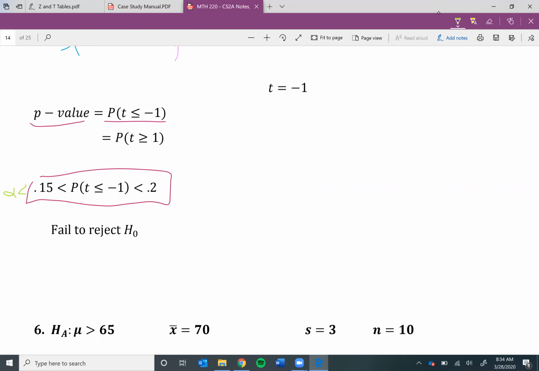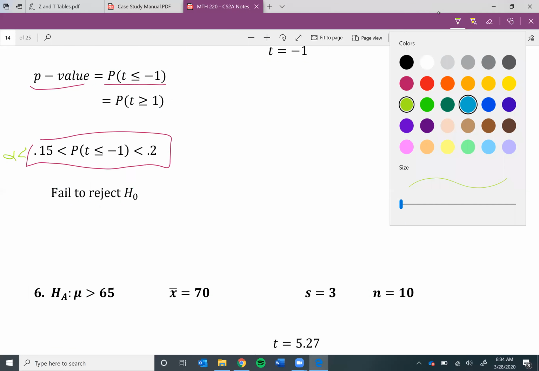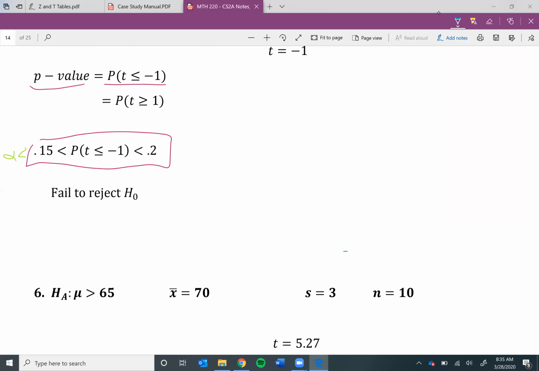So go ahead, take a moment, calculate this test statistic with T. And when you do that, you should get the number 5.27, okay? In this space up here, I'm gonna draw that. I've got 0 in the middle.